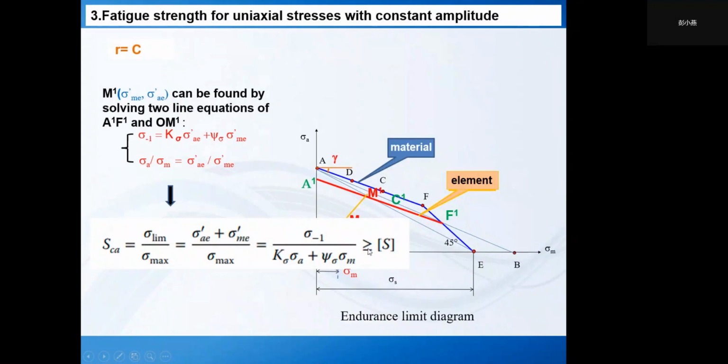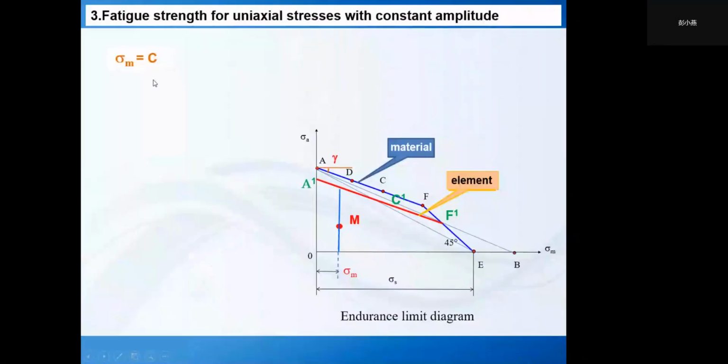So this should be larger than the allowable safety factor. So when the stress ratio is constant, the safety factor should satisfy this. Okay.